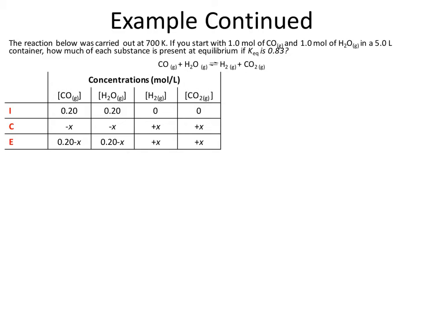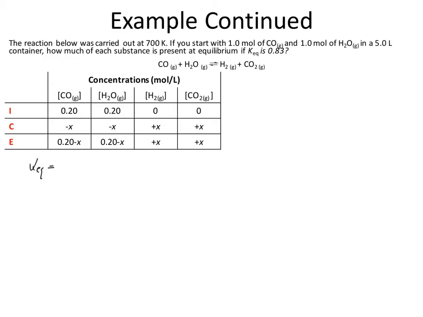So this is our ICE table here, just rewritten. What we want to do now is find out the value for x. We're going to find the value of x by creating our K equilibrium expression. So K equilibrium is equal to the concentrations of our products over our reactants. And again, only in gas or aqueous phase.